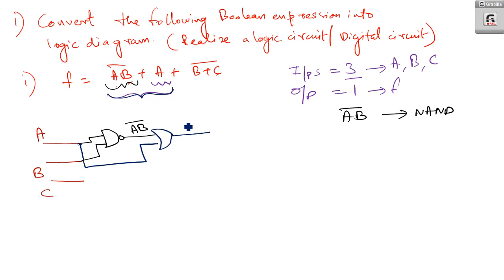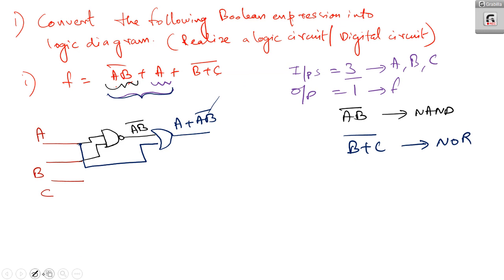So here what will you get? Here you will get A or A B bar. Okay. That has to be taken with what? B or C whole bar. Okay. So B is there, you have to take B or C. So B or C whole bar can be realized using NOR gate.